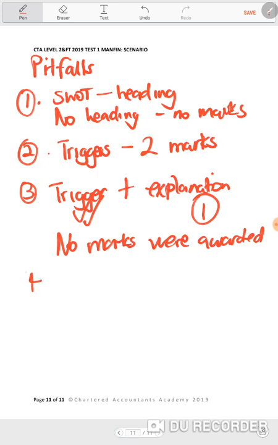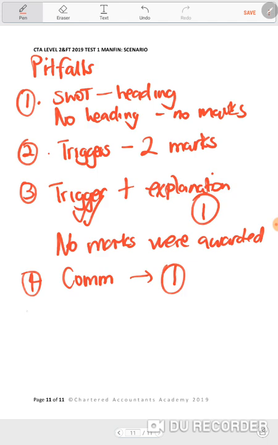So in line with that, the communication skills mark was given to a student who had put a heading, who had used triggers from the scenario, and further explained, to attain 1 mark for the communication skills.